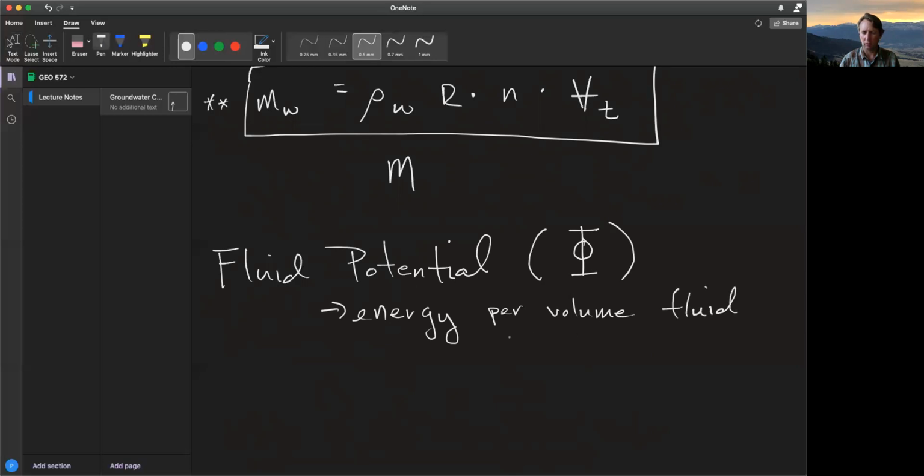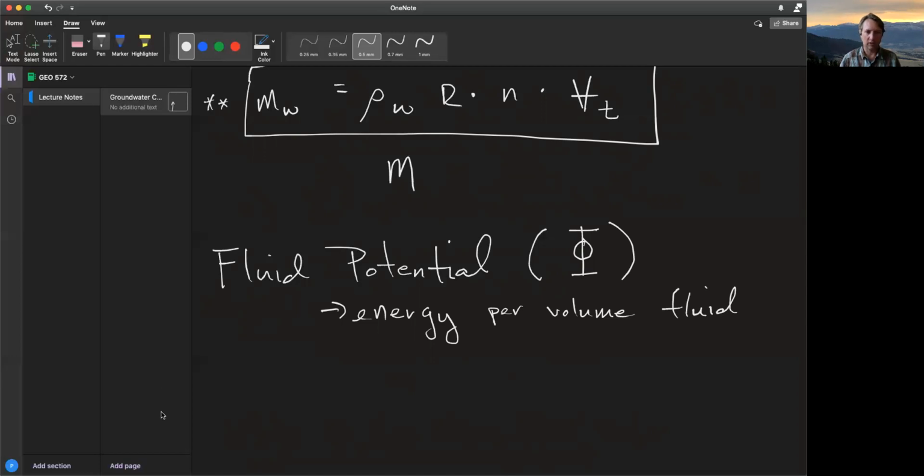All right, and one of our general rules in life is that things go from high energy to low energy. All right, and so water moves from areas of high energy to low energy, and we're going to characterize that total amount of energy in the water by this value that we call fluid potential.